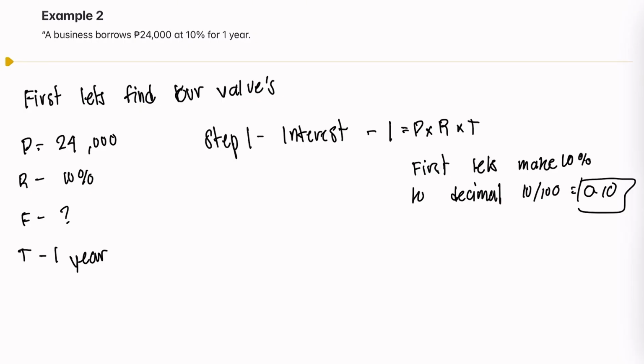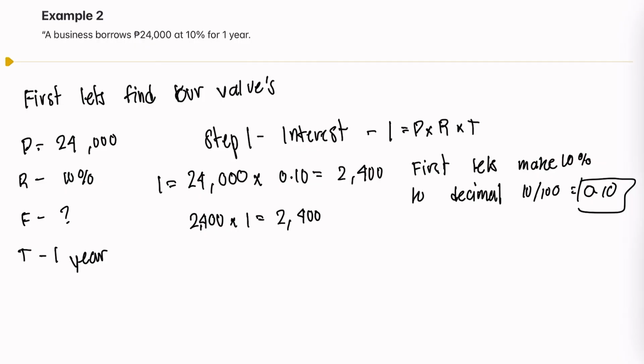Let's substitute the values to the formula. P is 24,000 times 0.10 is equal to 2,400. Next, let's multiply the 2,400 by our time. So 2,400 times 1 is equal to 2,400. That's our interest. So let's move on to step 2.